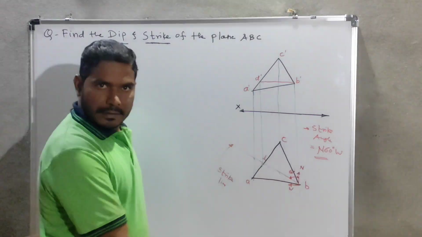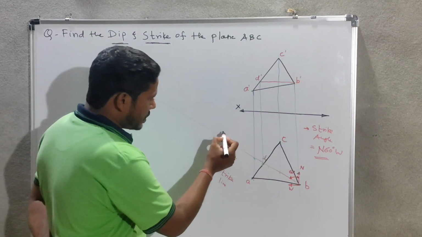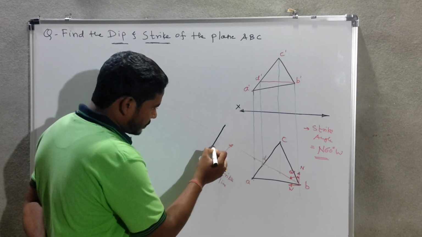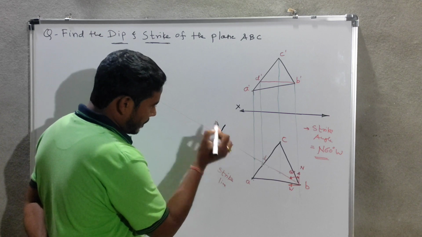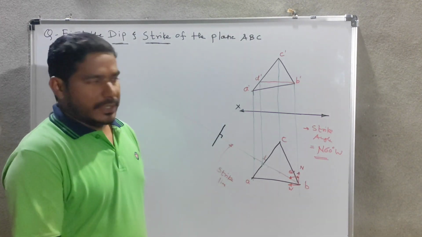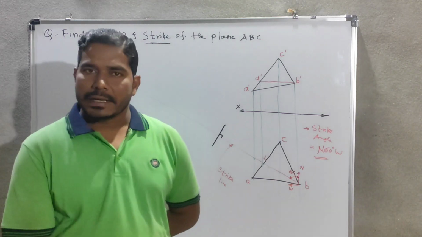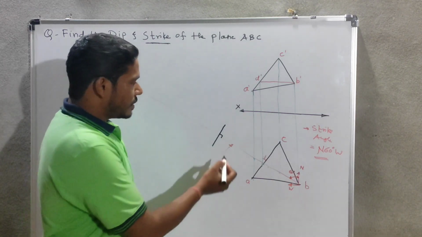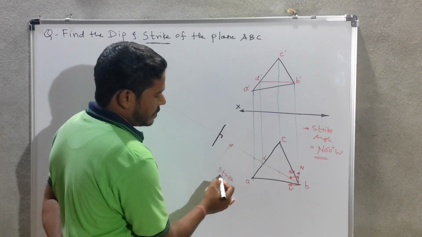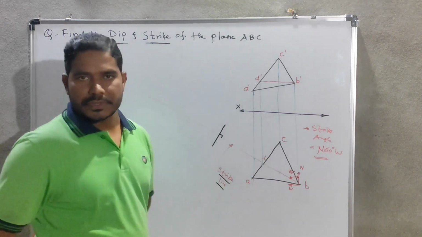This is the strike line, so the dip direction will be perpendicular to that, like this. So this is the dip direction. Whatever direction we get must be perpendicular to the strike line.